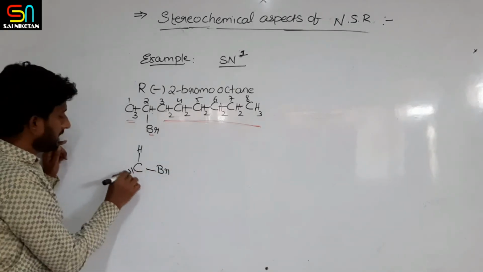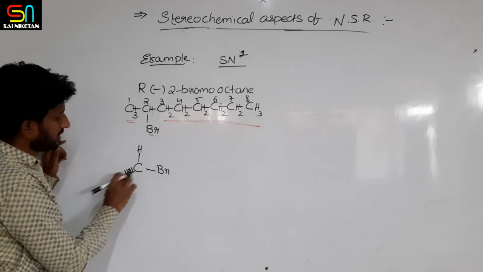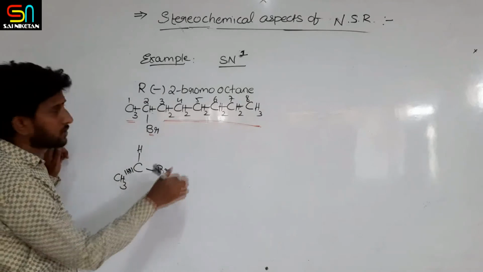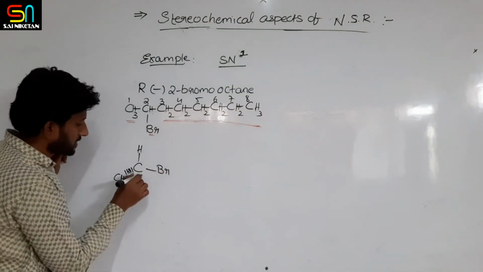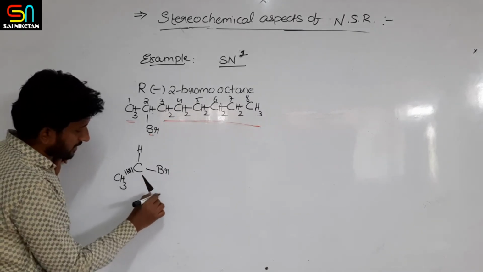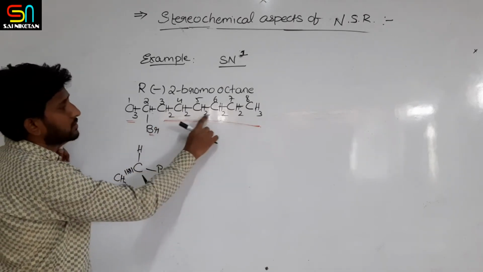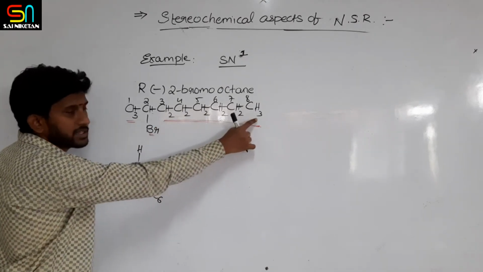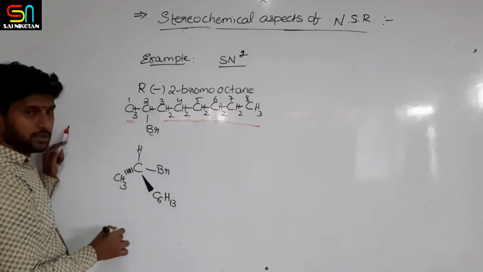And one methyl group is attached to the same carbon, and one hexyl group, that is 1, 2, 3, 4, 5, 6 carbons. That 6 carbons I am writing as C6. And how many hydrogens are there? 1, 2, 3, 4, 5, 2, 10 plus 3, 13. H13 carbons. You understood?